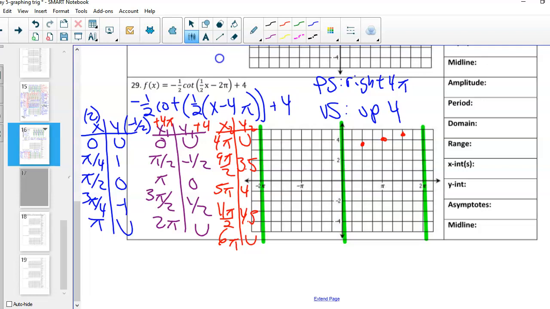And then 2 pi. And then it would repeat itself again for this one. So dead in the center would be at 4. 2 to the right would be up 1/2. 2 to the left would be down 1/2.